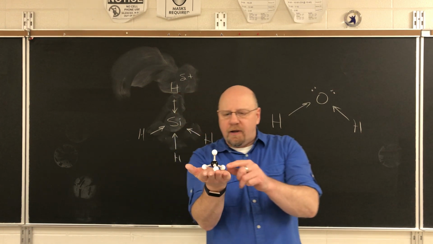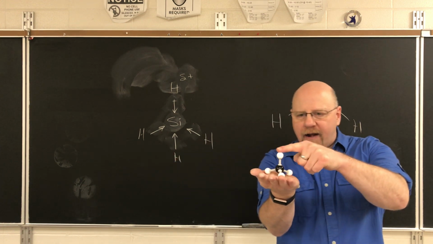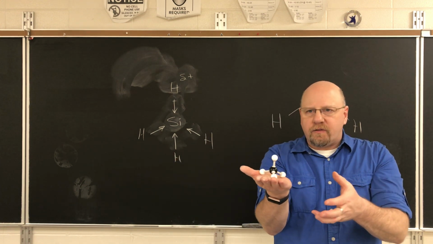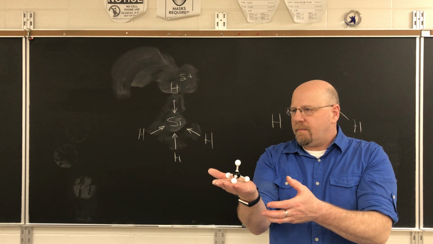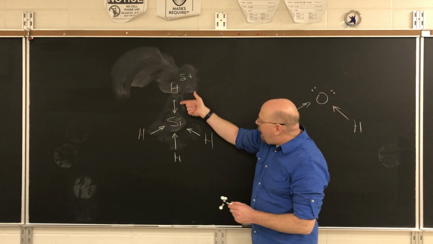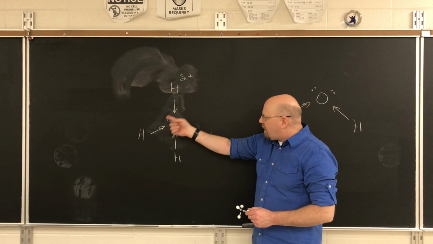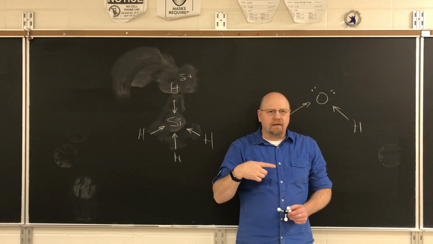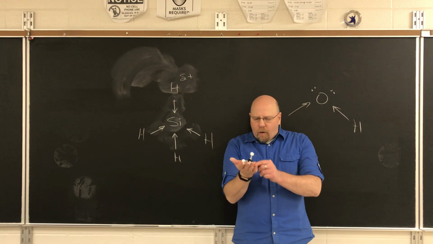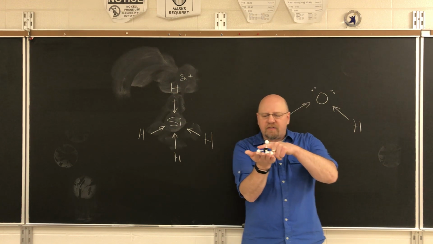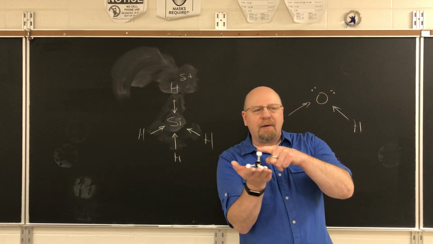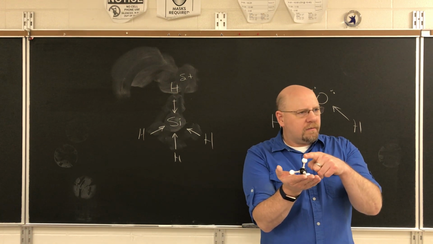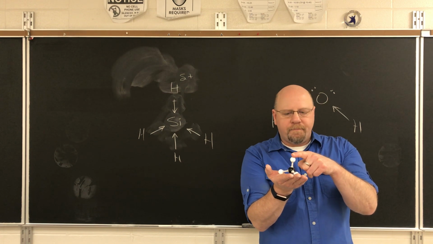In this case, every one of these white atoms represents a hydrogen, and every one of these bonds between the silicon and the hydrogens is the same thing. So all of these hydrogens are going to be slightly positive, the same amount.